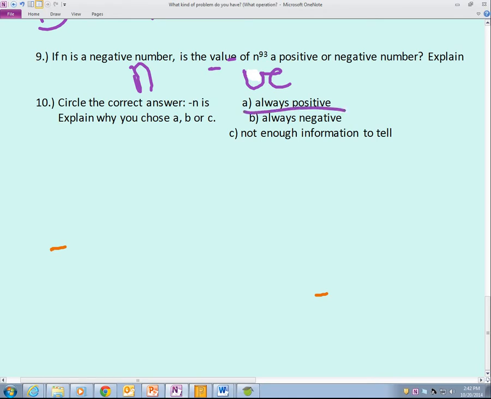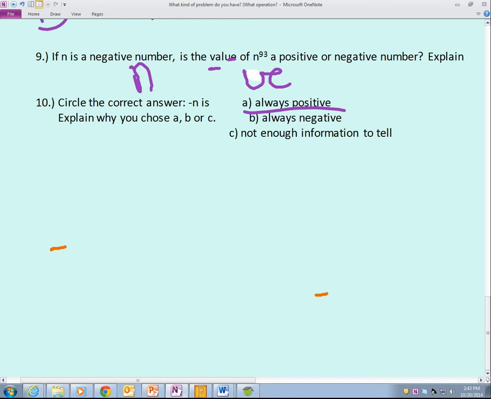And remember, a variable n can be anything. Negative n, is it always going to be positive? Raise your hand if you think so. Okay, only one person all day has raised their hand there. Ah, two, good. Part B, do you think that negative n is always going to be negative? Raise your hand. Okay, about a third of the class. How about C, not enough information? Okay, two thirds of the class.